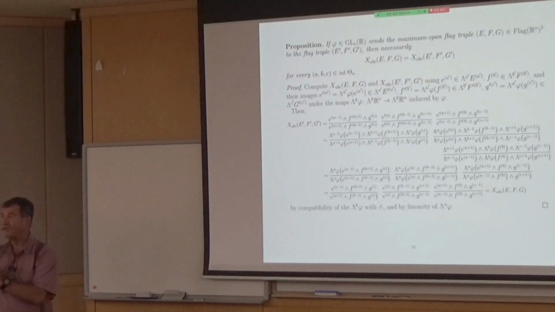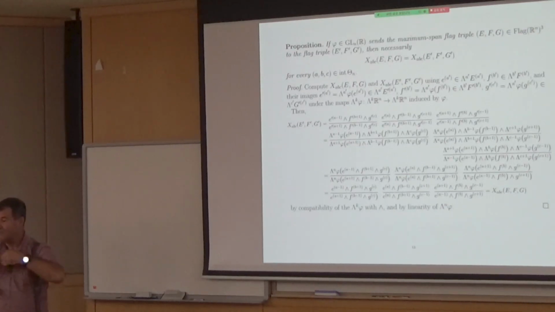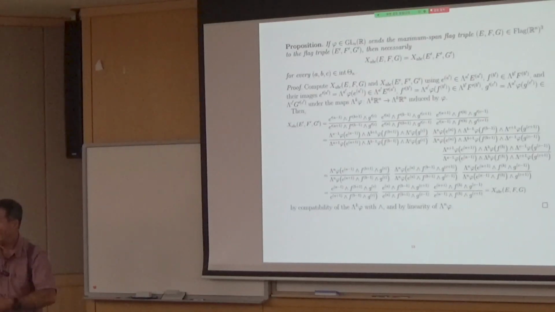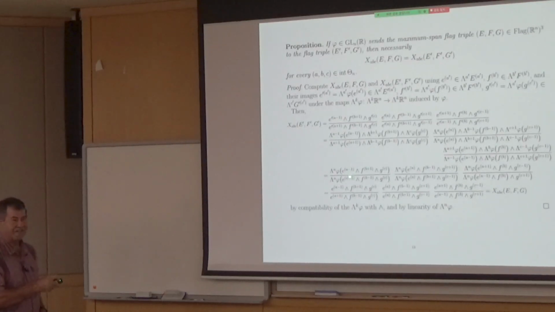So instead of taking the wedge product after taking the images under phi, I can do it before and apply phi later. Namely, this is equal to that. And that's what that says. Okay, so I get a simpler expression now.